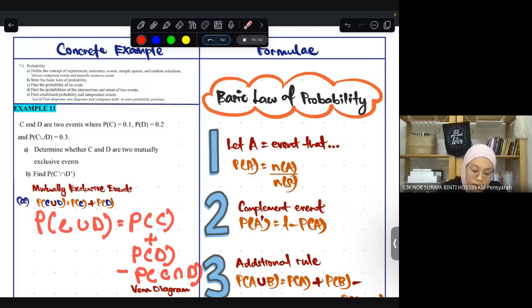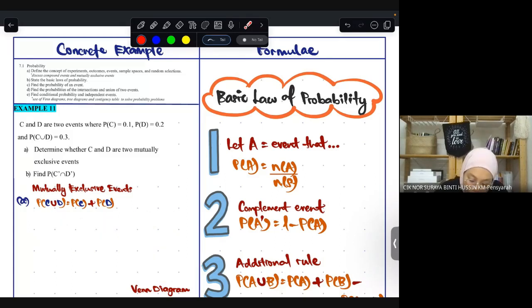In this case, I should write here minus P(C intersect D). This is the formula that you always use, and I don't really have to explain this formula anymore. All I need to do is just tell you what to substitute in here.